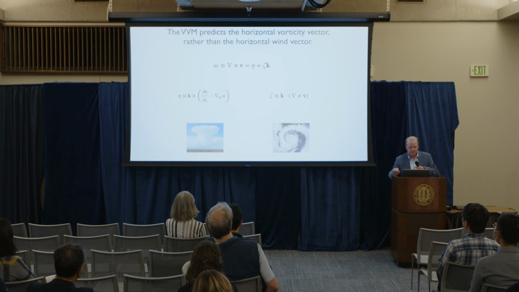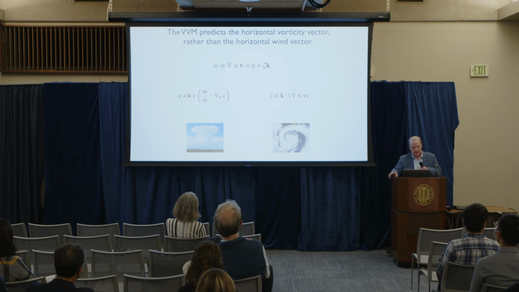So the VVM, this is the Arakawa and Jung idea, predicts the horizontal vorticity vector instead of the horizontal wind vector.